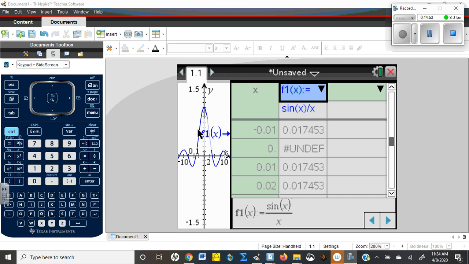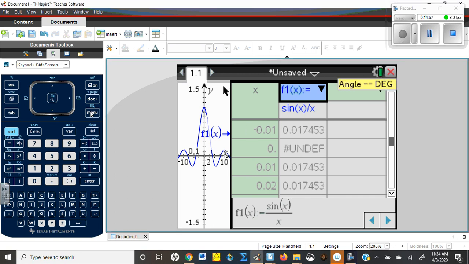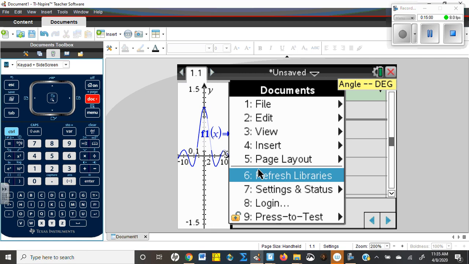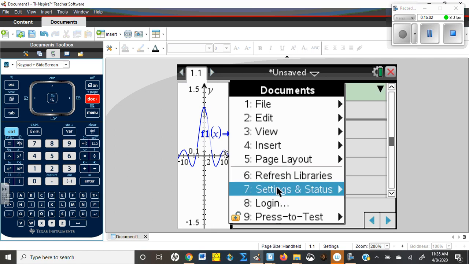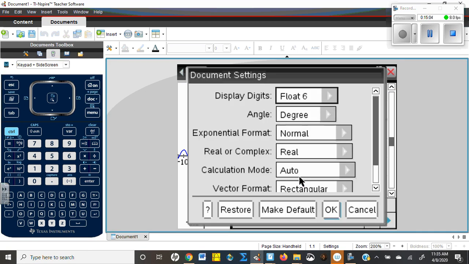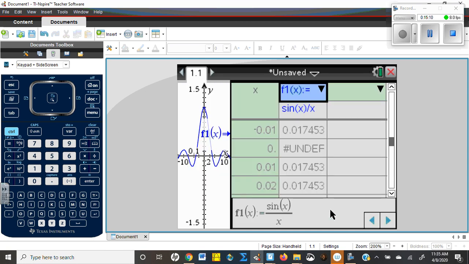Yeah, so even though my grapher is in radians, look at this, the calculator is in degrees. So let's fix that really quick. We'll go into settings and status, document settings, and get into radian mode. And now I'm in radians.